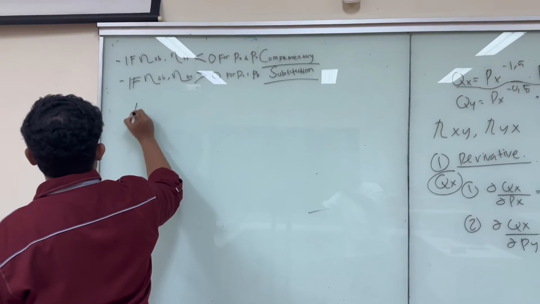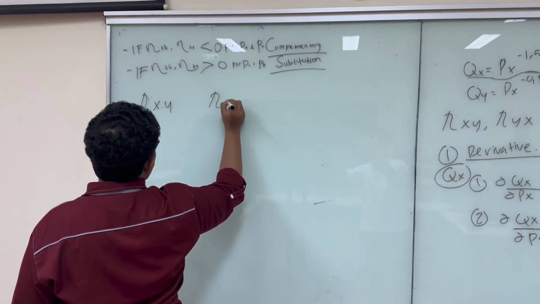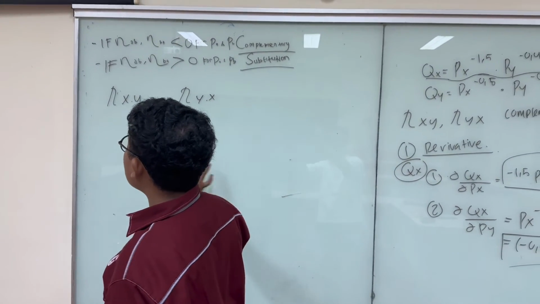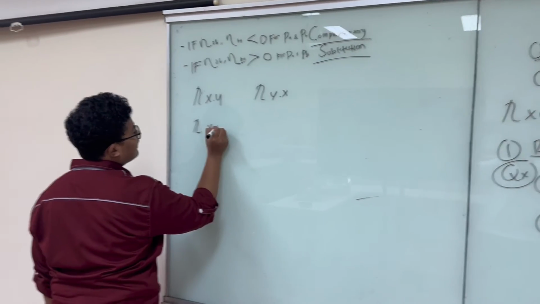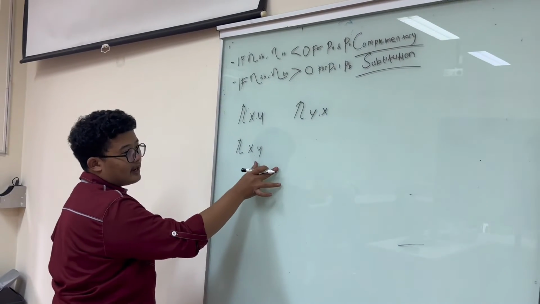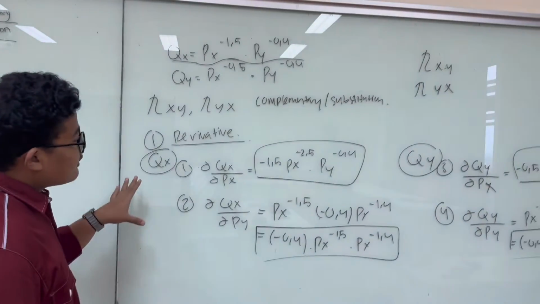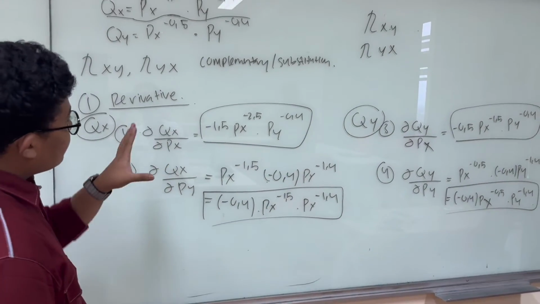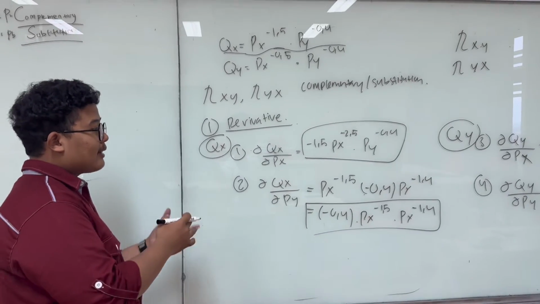If we want to find out the cross elasticity of x and y and of y and x, whether these products are complementary or substitutes, we need the formula, because we want to know the elasticity of products x and y. So we take a look back at the derivatives that we already solved. We take from the derivatives that have a combination of product y and product x.